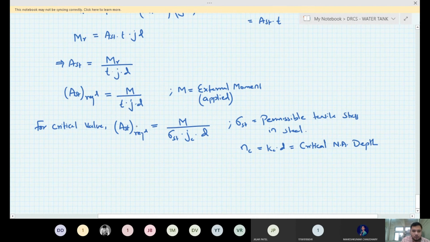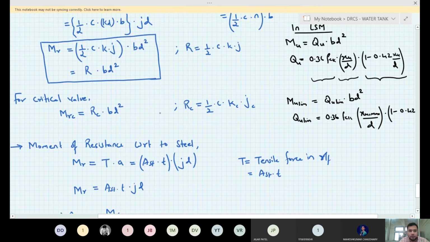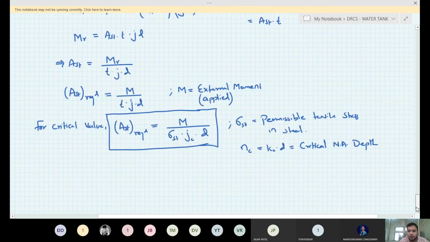Then you also have to use this formula. We'll be using this formula. And to find the percentage of steel, the formula is the same. PT is equal to AST by BD into 100.